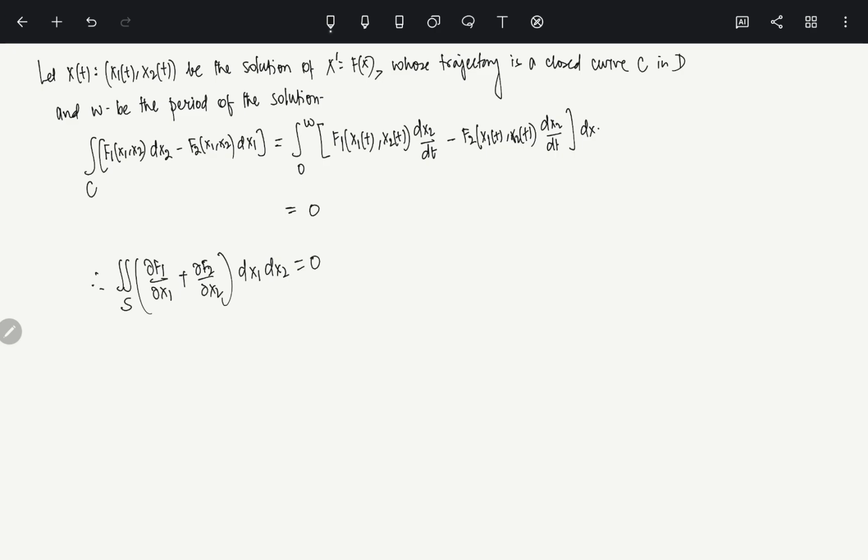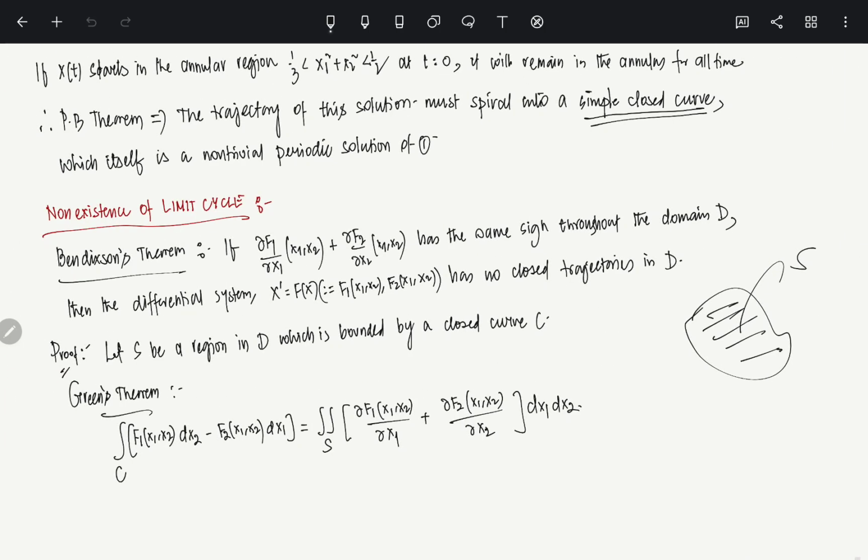Is it okay? Yes. And therefore, if this does not change sign, it is either positive or negative.